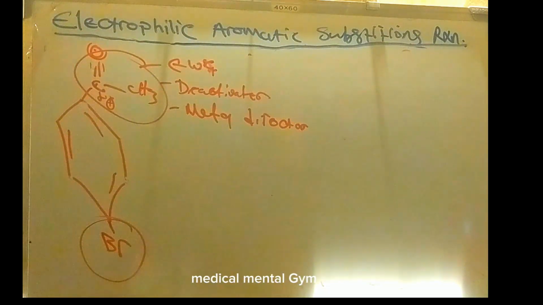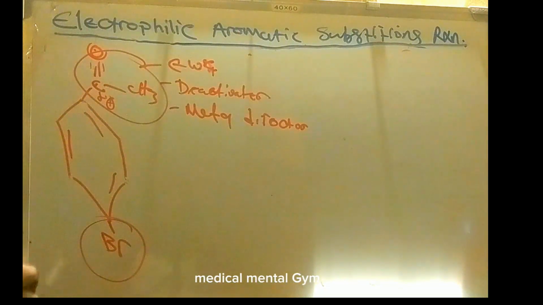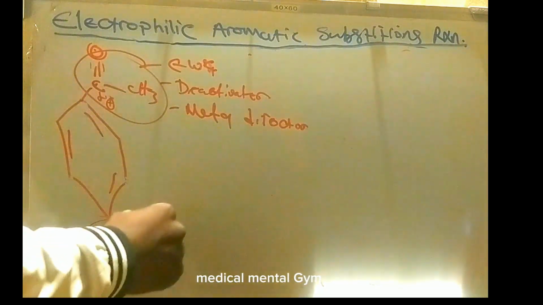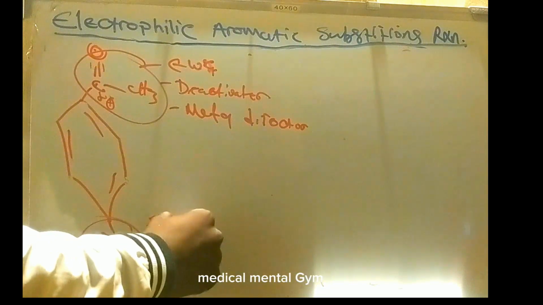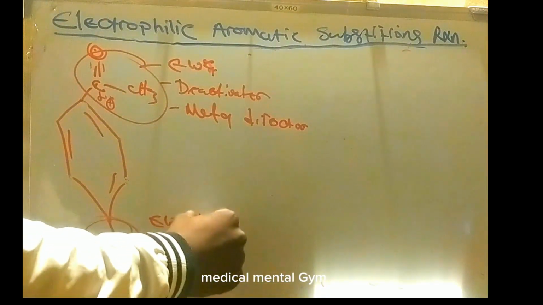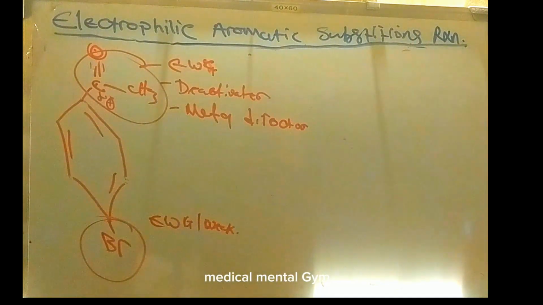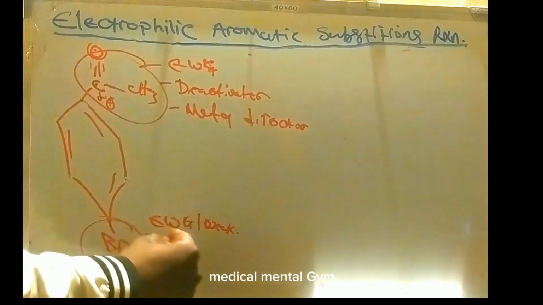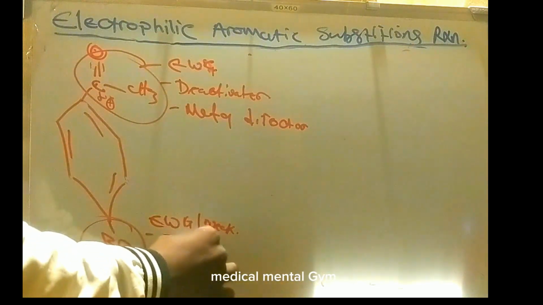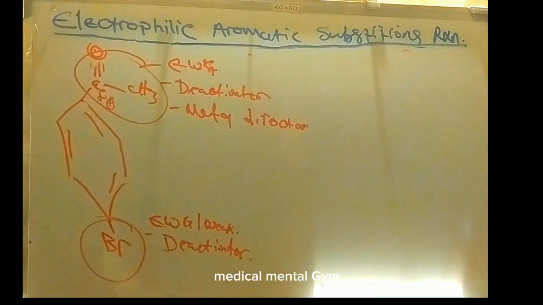And then let's look at our second group, which is the bromine atom. The bromine atom is relatively electron withdrawing as well. It's an electron withdrawing group, although it is a weak one. This electron withdrawing group is a deactivator; we know that all electron withdrawing groups are deactivators.